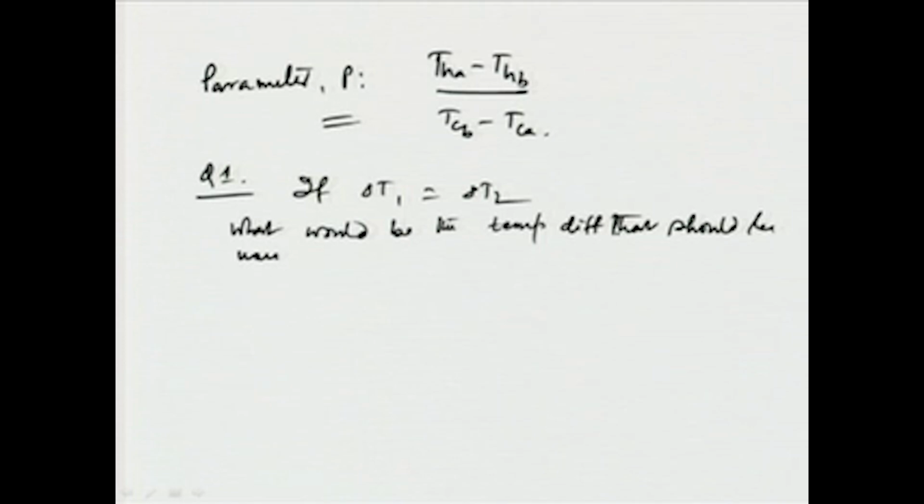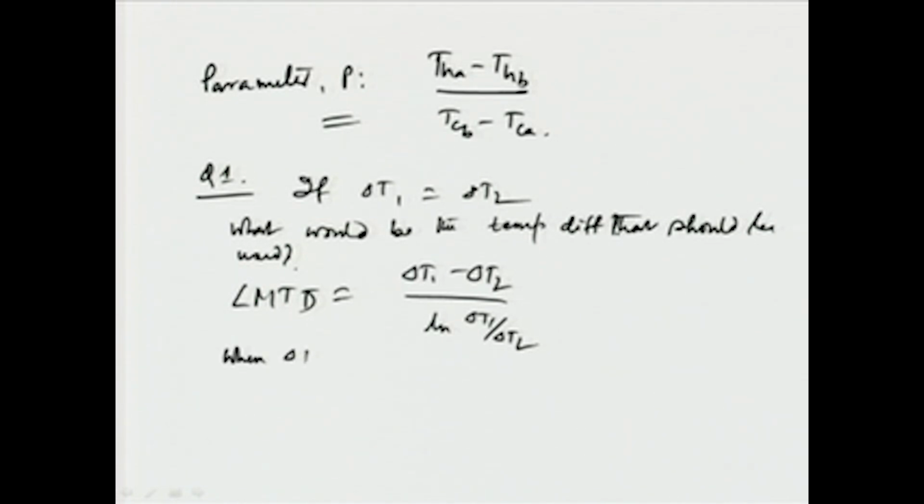This is a very common question. As we know, the LMTD expression is delta T1 minus delta T2 by ln delta T1 by delta T2. So, when delta T1 is equal to delta T2, the LMTD becomes 0 by 0, that is undefined.